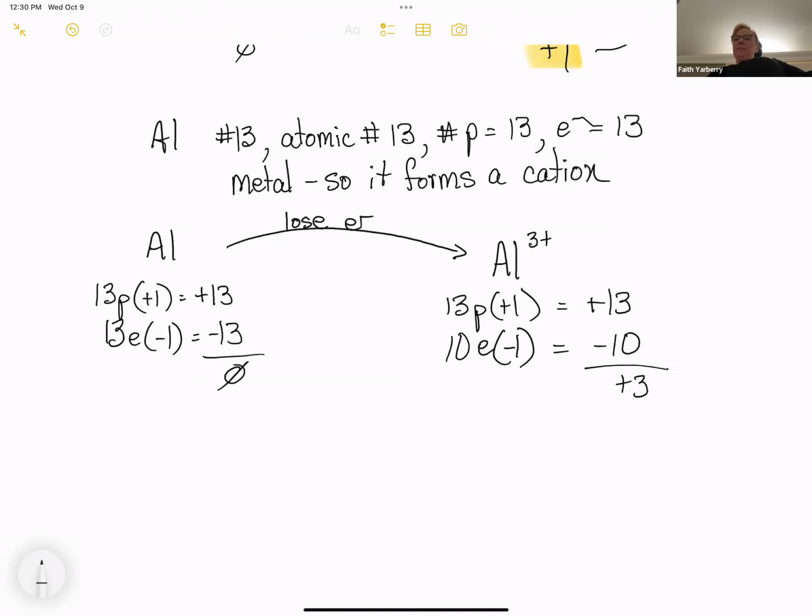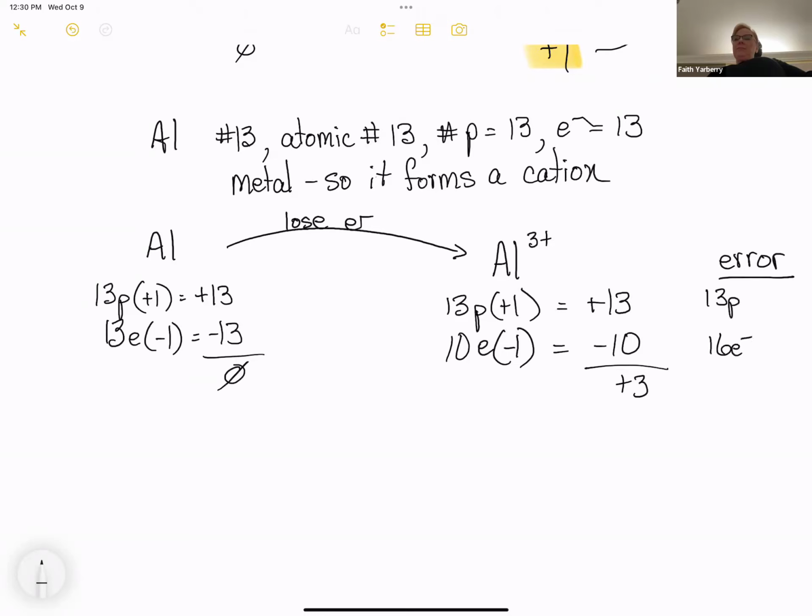Now, why do I do this math with you? Because a common error is for somebody to tell me there's 13 protons and 16 electrons.